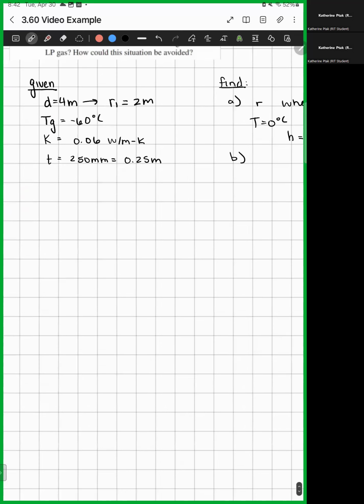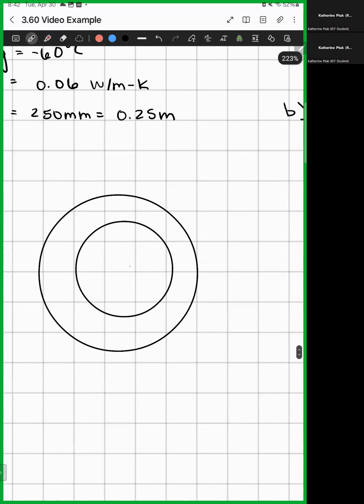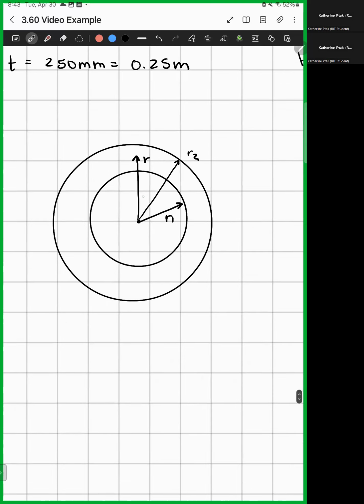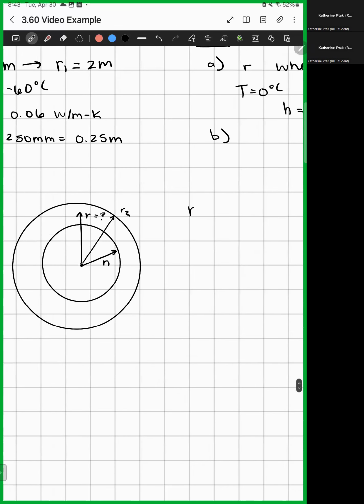So we go through and you kind of just draw this. It's a little over exaggerated, but we have R1. This is R2. And I am just going to call this R. So this is just some random R. Like I said above, R1 is going to equal 2 meters.